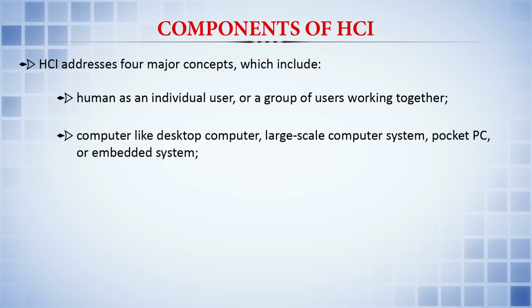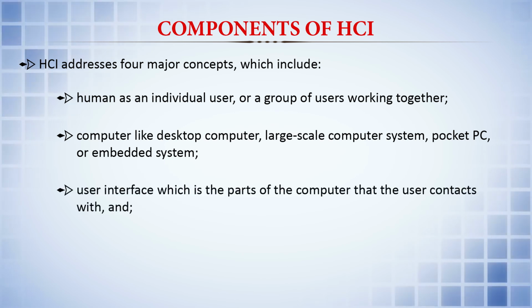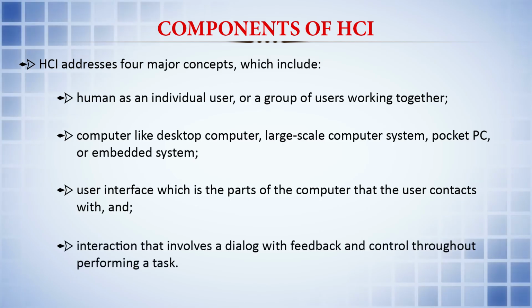The third is the user interface, which is the part of the computer that the user contacts with. The fourth major factor is the interaction, which involves a dialogue with feedback and control throughout performing a task.